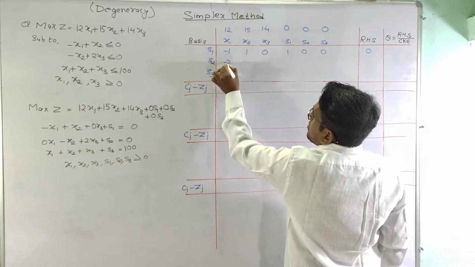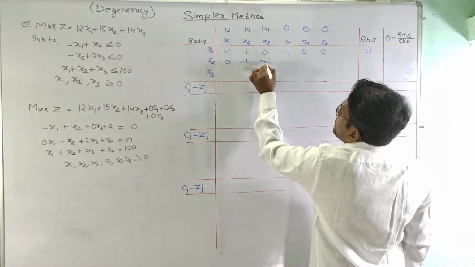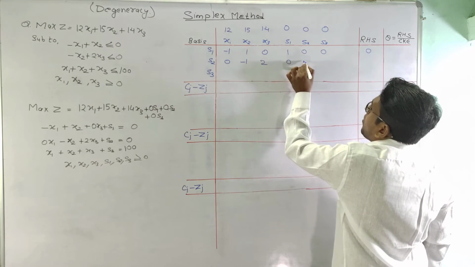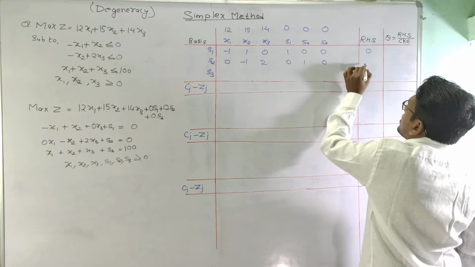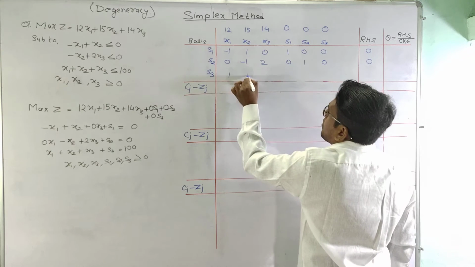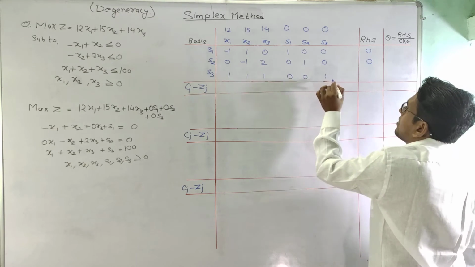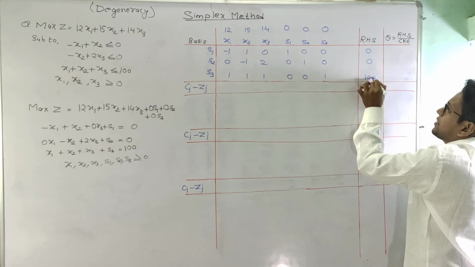Second constraint: 0, minus 1, 2, 0, 1, 0, equal to 0. Third constraint: 1, 1, 1, 0, 0, 1, equal to 100.